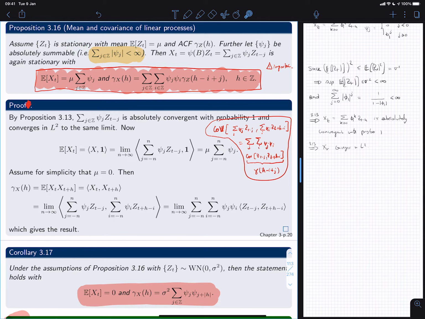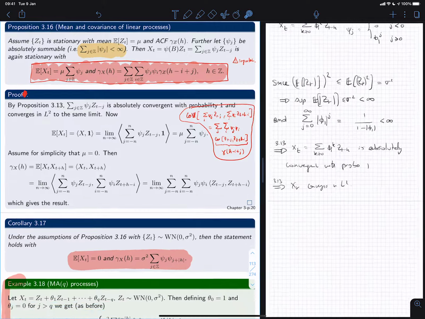Then we can simply get the covariance structure and read the covariance structure directly. So we can read the covariance structure of any linear process defined in terms of Z_t, in terms of the covariance of the Z_t's and the coefficients in your combination. And how do you do that?